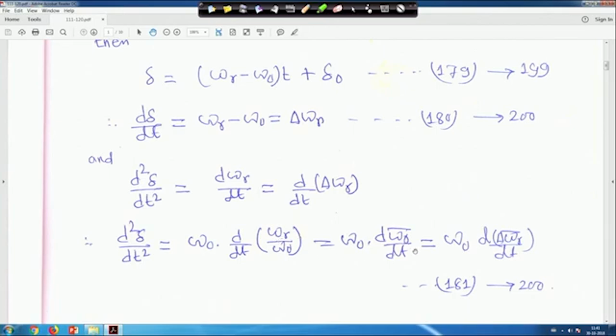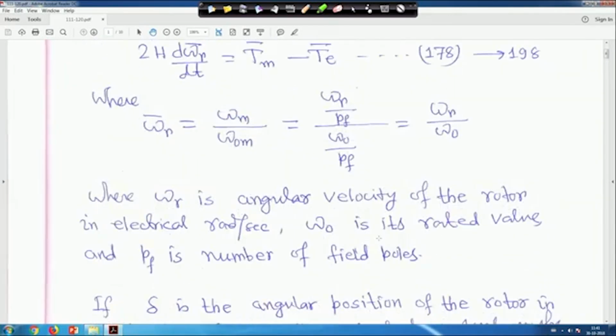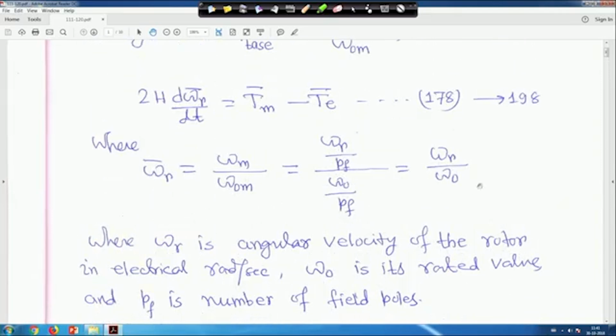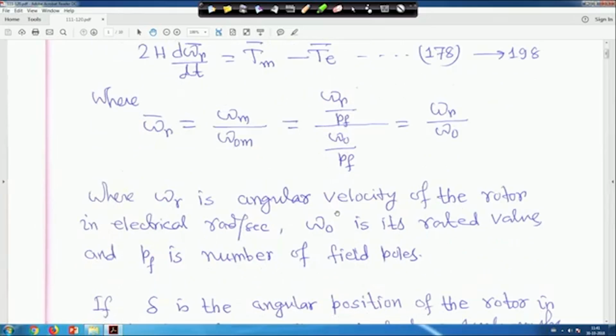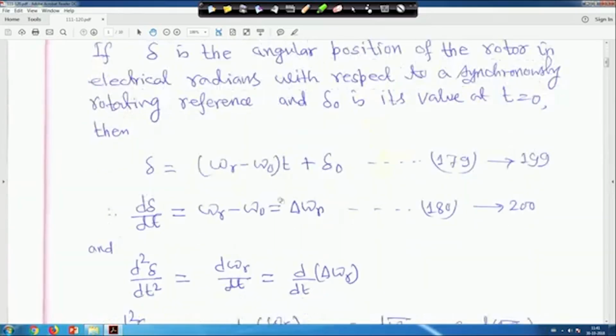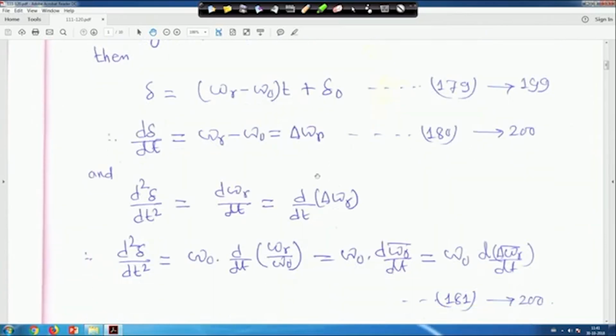This is equal to omega_0 d/dt of delta omega_r, because earlier we have seen that omega_r bar is equal to omega_r upon omega_0, and here omega_r minus omega_0 is delta omega_r.